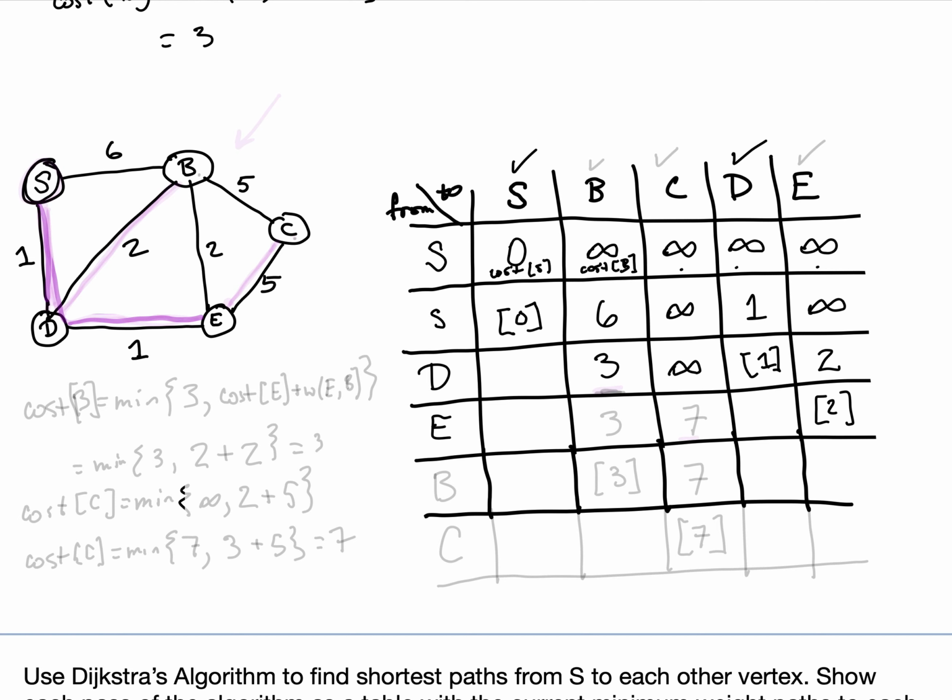So now let's process the vertex E. We're looking at all the unprocessed neighbors of E. So B and D are the two neighbors we'll be looking at.